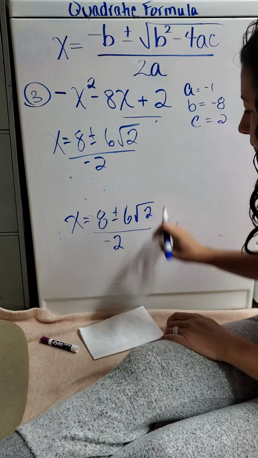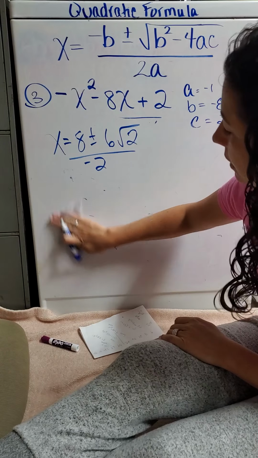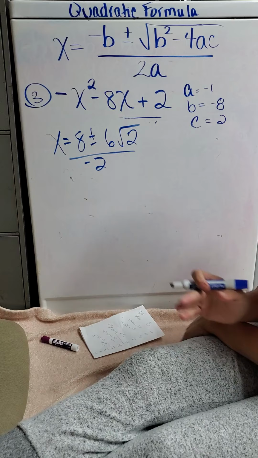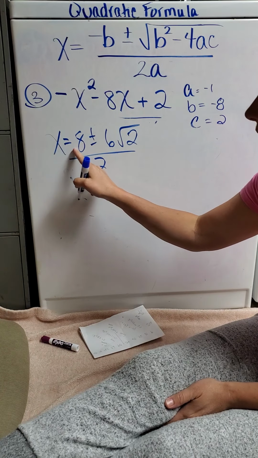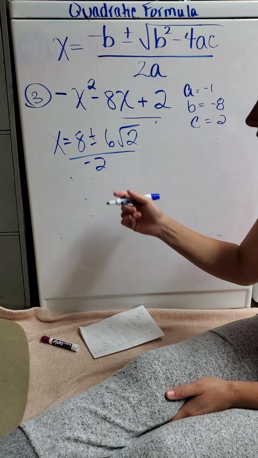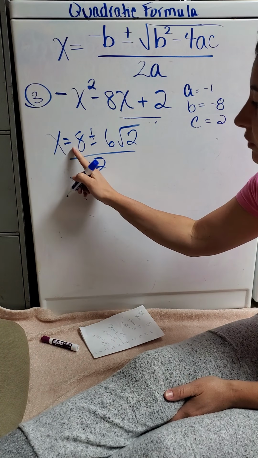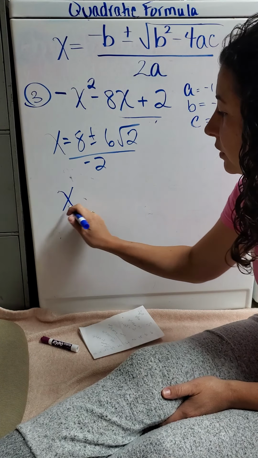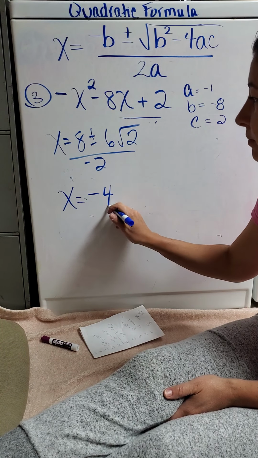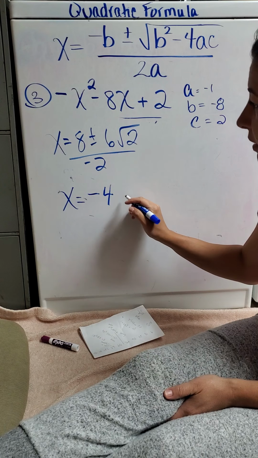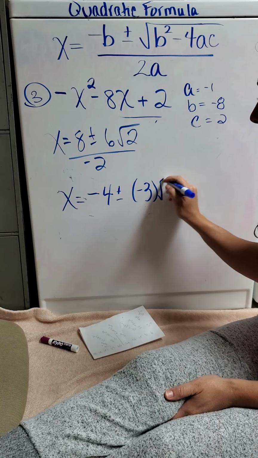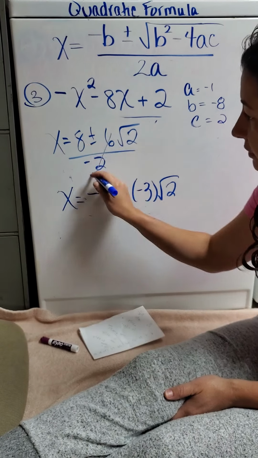I'm going to rewrite this so that I can show you that this can be simplified. I can divide 8 by 2, I can divide 6 by 2, or negative 2 in this case. So if I do that, I have x equals 8 divided by negative 2 is negative 4, and 6 divided by negative 2, so plus or minus negative 3 radical 2, and then this cancels.